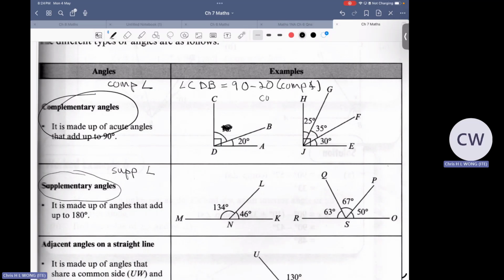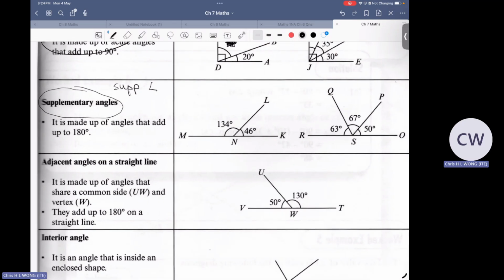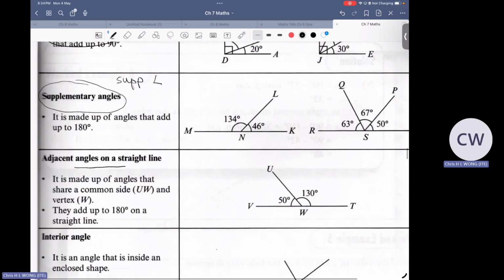Some people don't use the word supplementary angle. Some people use the words angle on a straight line. Or you can use the word adjacent angle also.